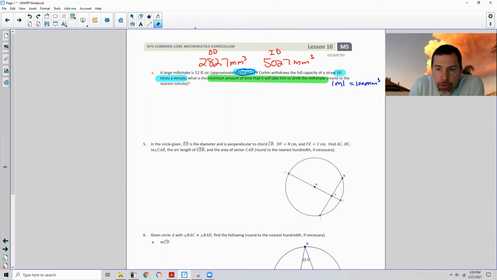Let me try this again: 1,000 millimeters cubed. So if I have 950 milliliters, then that would be 950,000 cubic millimeters.